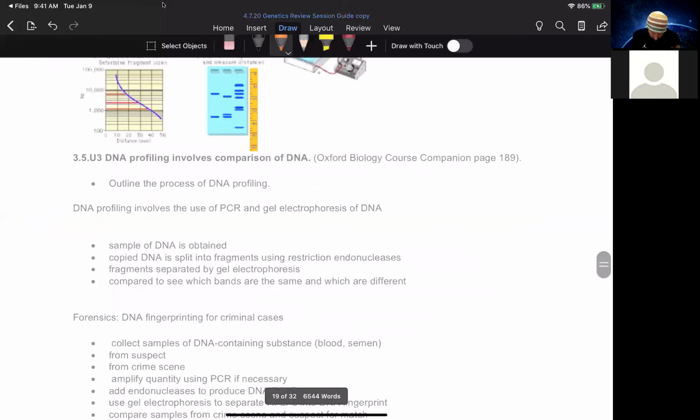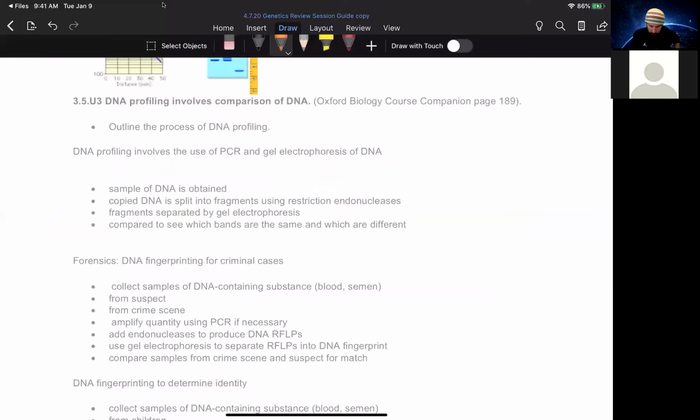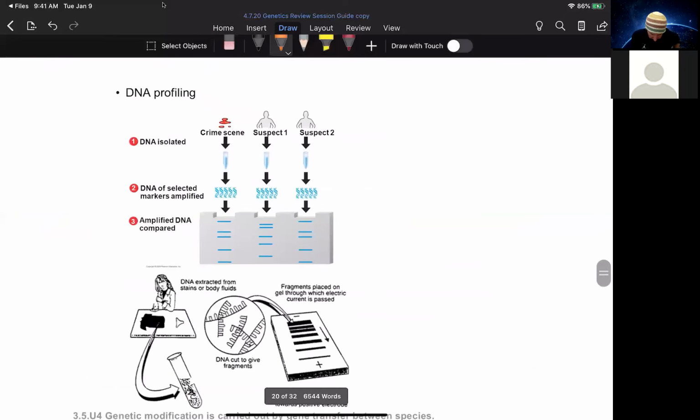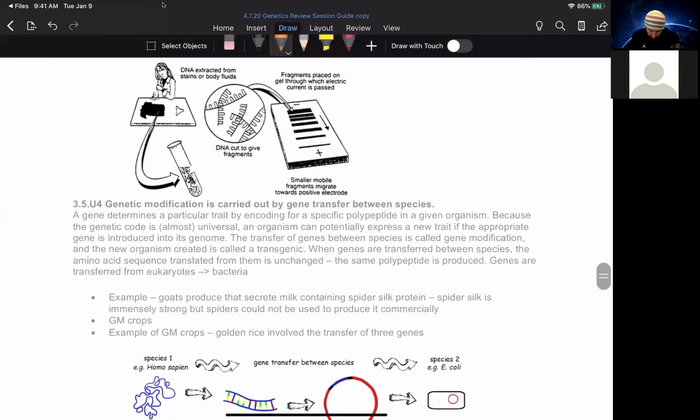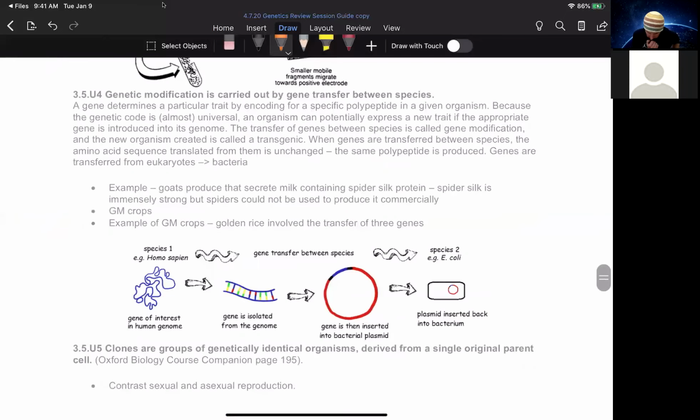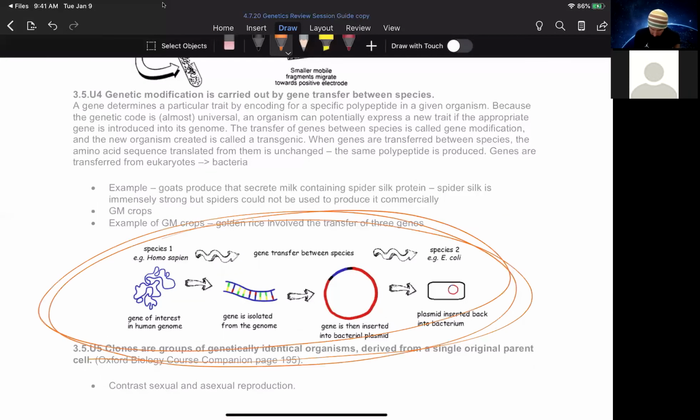It's not very hard, and people miss those questions sometimes. There's the DNA profiling, the genetic modification. Make sure that you go over this right here. That's an important thing to go over, and just make a flashcard and study that.